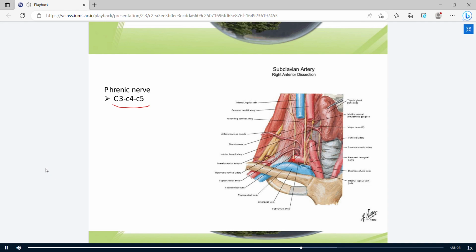It has motor fibers for the diaphragm muscle, and the phrenic nerve in this direction crosses the transverse cervical and the suprascapular arteries. It's very important. It crosses two arteries, the transverse cervical and suprascapular artery.